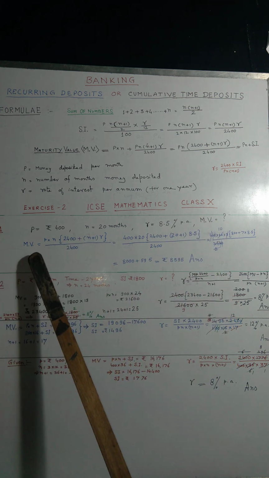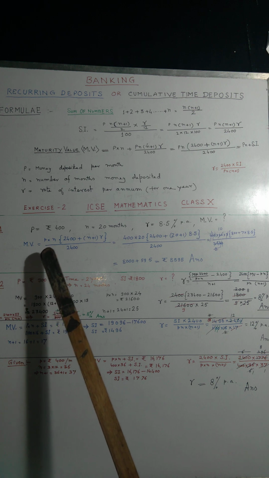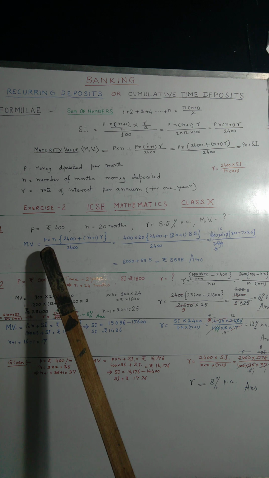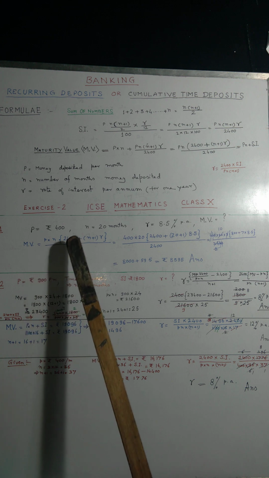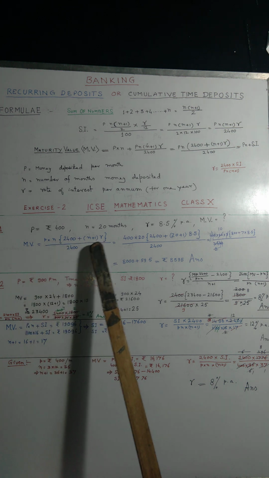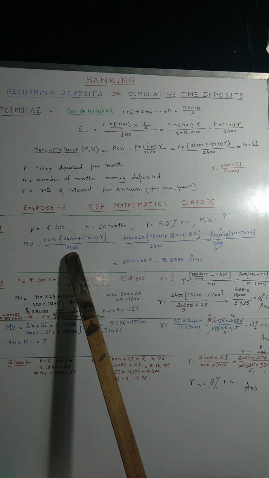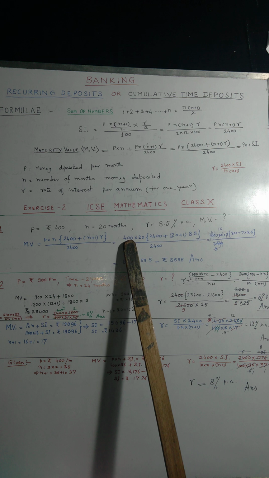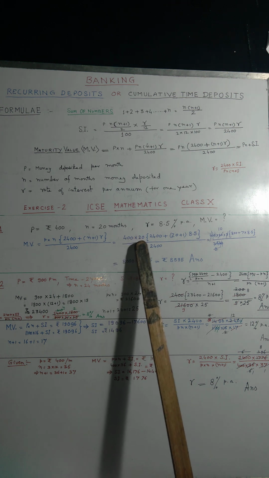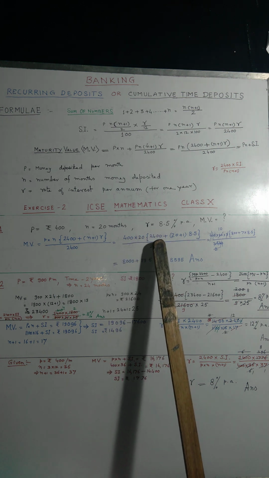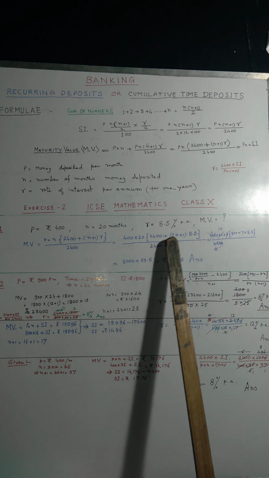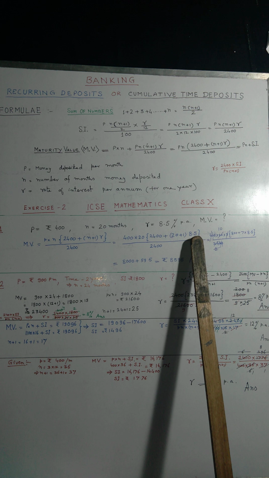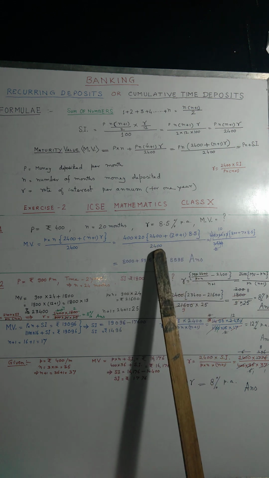This can be found with the help of this formula: P into n(2400 plus (n plus 1) R) whole divided by 2400. So in place of P we write 400 into 20(2400 plus (20 plus 1)) into 8.5 whole divided by 2400.